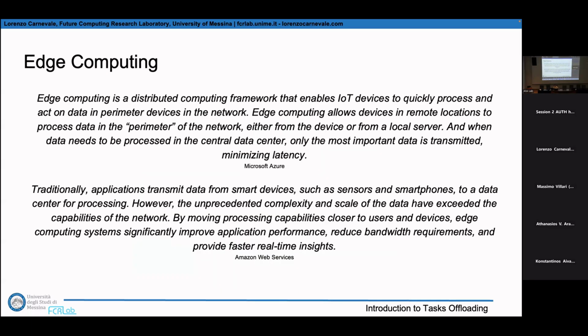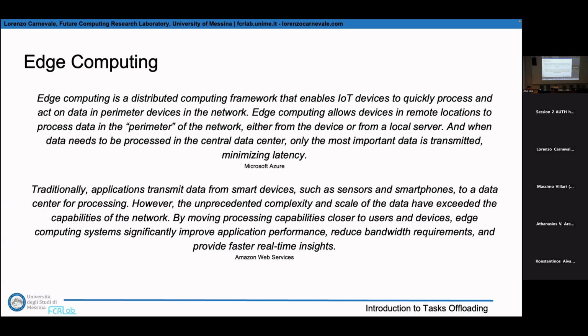Later, over time, cloud computing changed the paradigm a bit towards edge computing. What is the main difference? The main difference is that there was the need to move the computation very close to the data source.